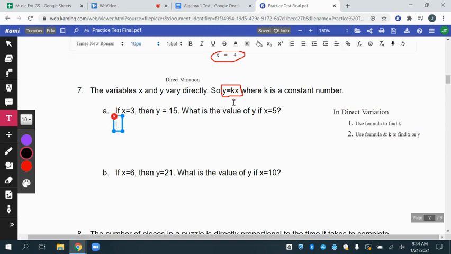Let's use our formula. We have Y equals KX. KX means multiplying K times X. They tell us that X is 3 and Y is 15. Okay, let's make X be 3 and Y be 15 then.